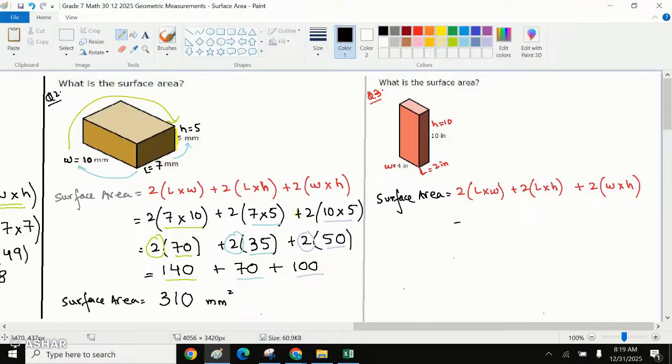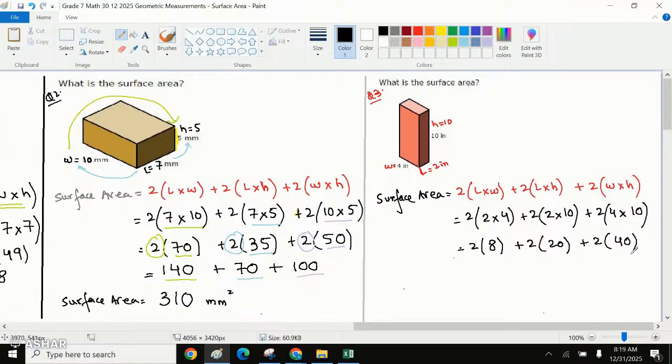Let's start putting down the values. Length was 2 inches, width was 4 inches, right? Length was 2 inches, the height was 10 inches. The width is 4 inches and the height is 10 inches. 2 times 4 is 8. 2 times 10 is 20. 4 times 10 was 40, right?